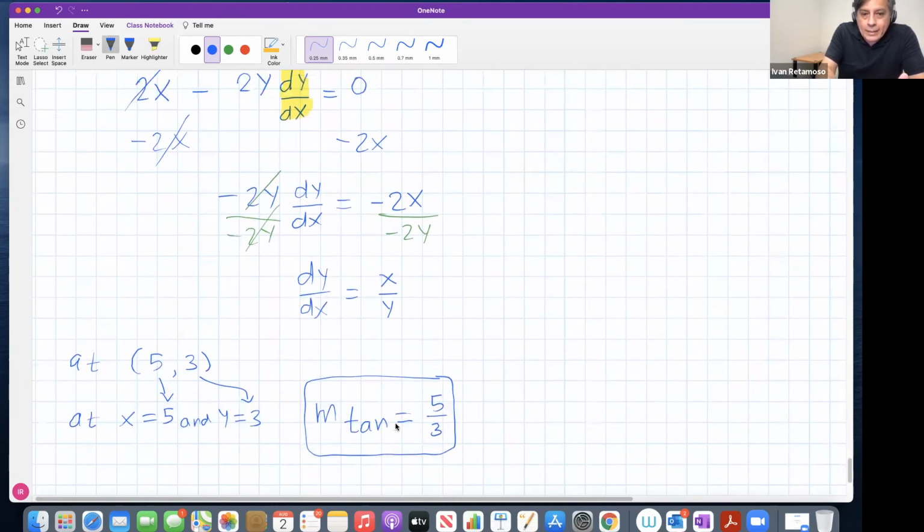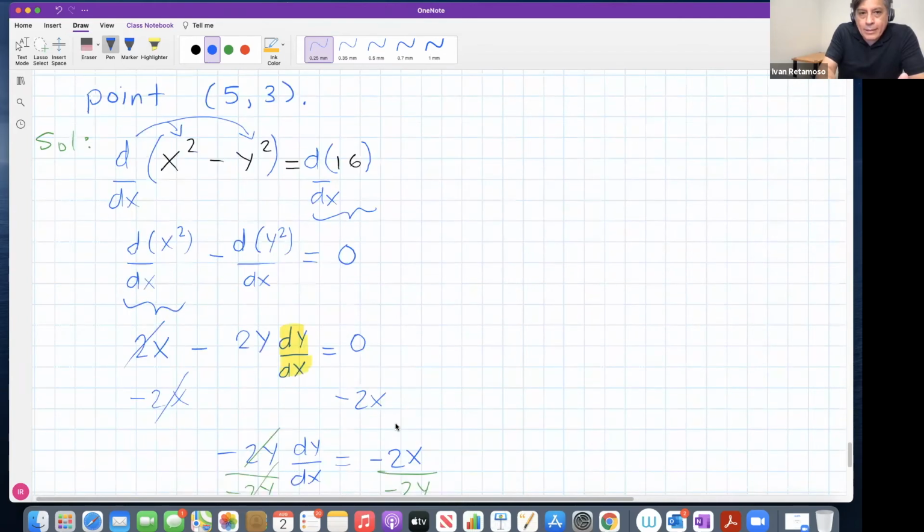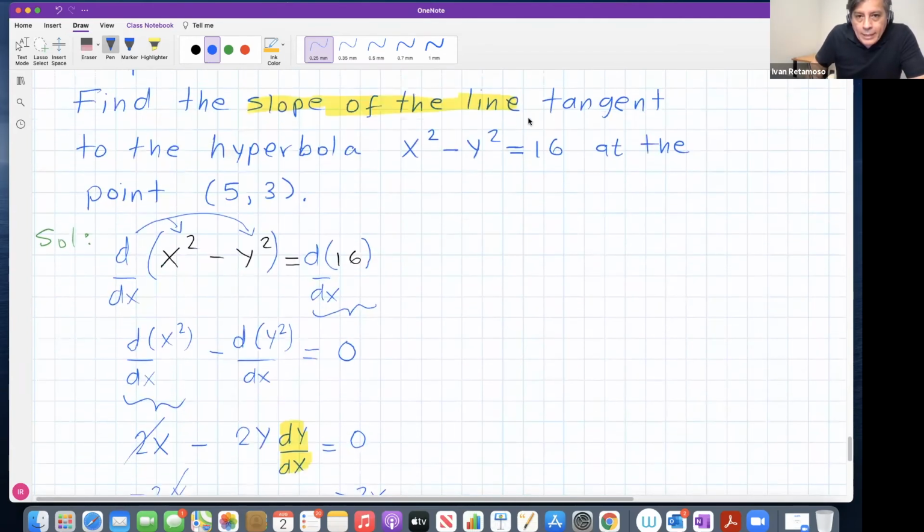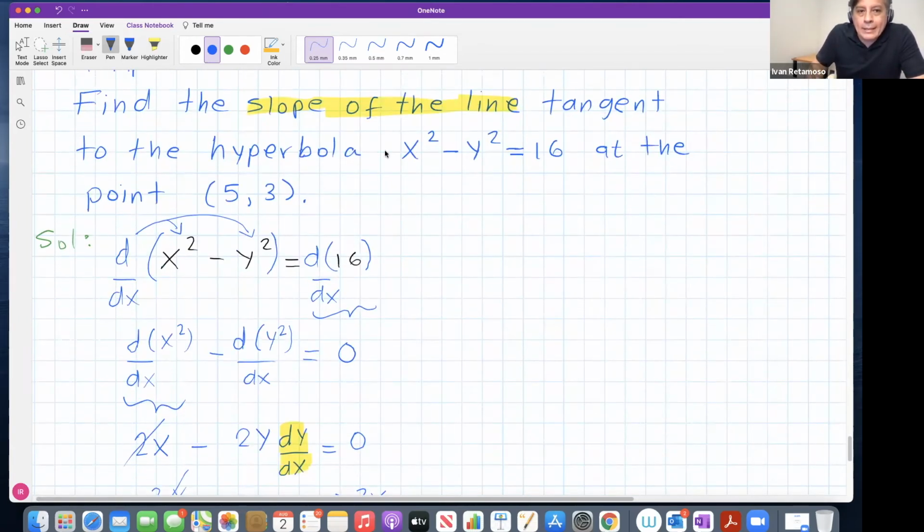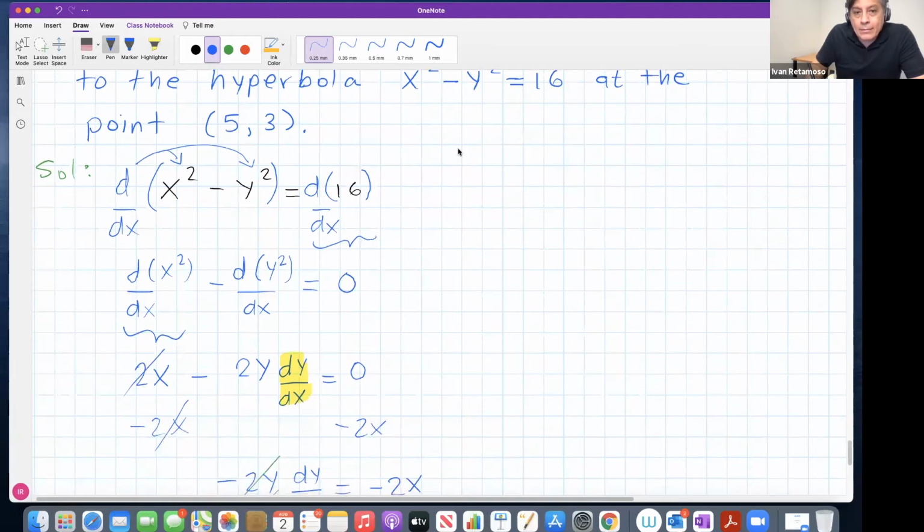So because of that, whenever you are asked to compute the slope of a tangent line at a given point, whenever they give you specific coordinates for that computation, you may follow this other method. I'm going to write it here next to this as an alternative.